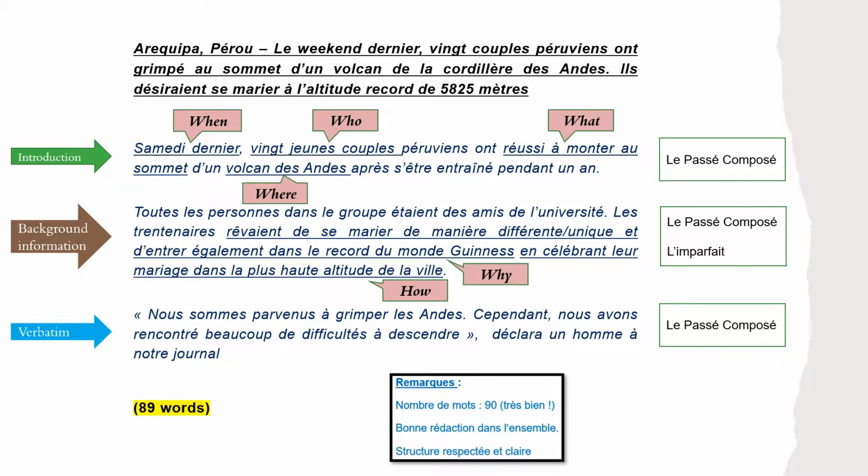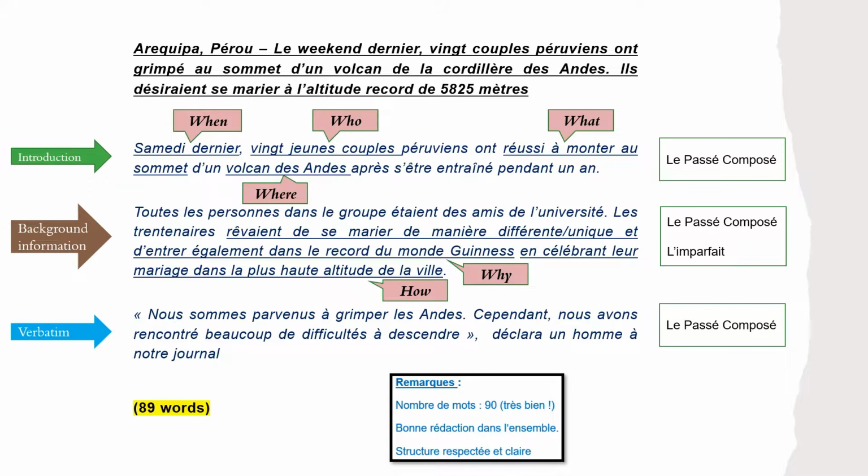So basically, in the introduction section, I was able to cover what happened, who was involved in it, when it happened, and where it happened. Then in the background information, I give pretty good information in terms of where these people came from and why they decided to do it. And then in the last part, I'm just talking about what one of the persons from the group had to share with us after this event happened.